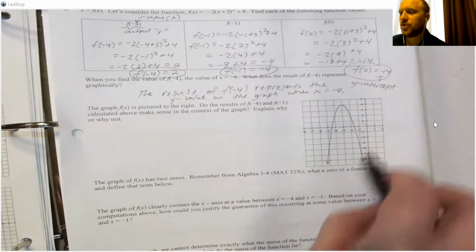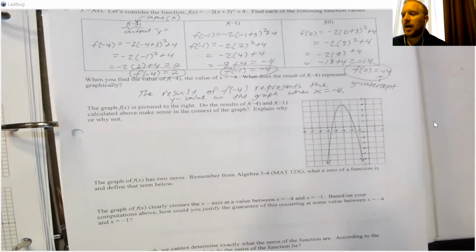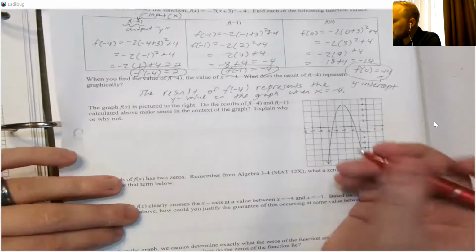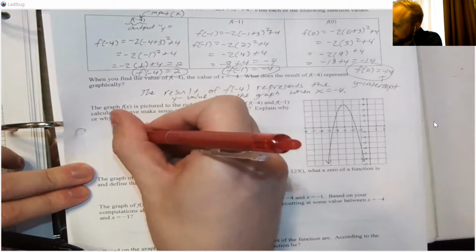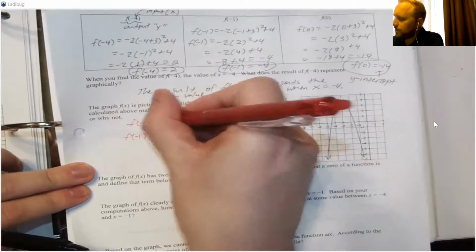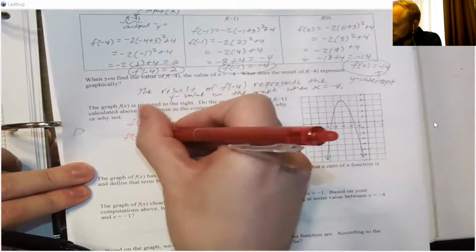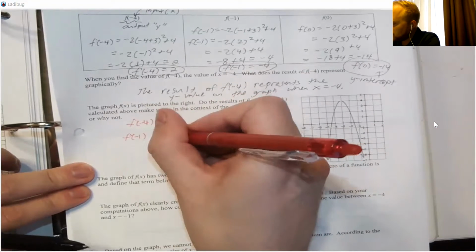The graph of f of x is pictured to the right. Do the results of f of negative 4 and f of negative 1 calculated above make sense in context of the graph? Explain why or why not. If I look at the value at f of negative 4 and f of negative 1, we know that f of negative 4 equaled 2 and f of negative 1 equaled negative 4.